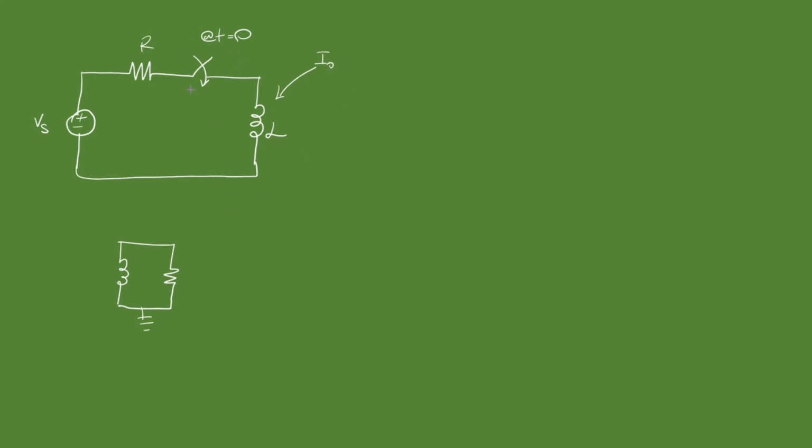Like I said, for the step response of an RL circuit, the way we work around having to open or close this switch is by using the unit step function, which is a mathematical tool to tell us that at t less than 0 the source is inactive, and at t greater than 0 the source is active.